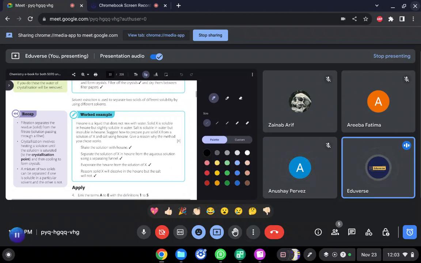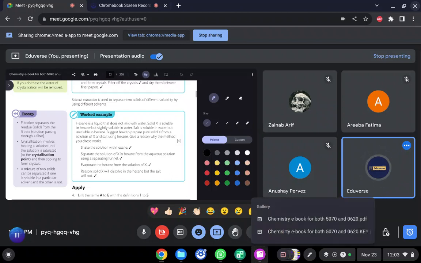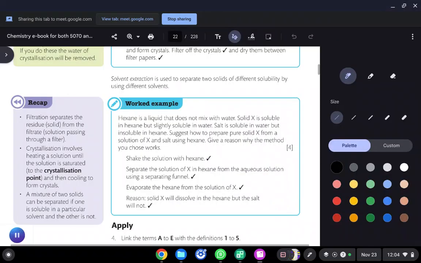Okay, so all three students are here, so we can start our class properly. The separation technique we studied in our last class was chromatography. I hope you remember, and the purity.